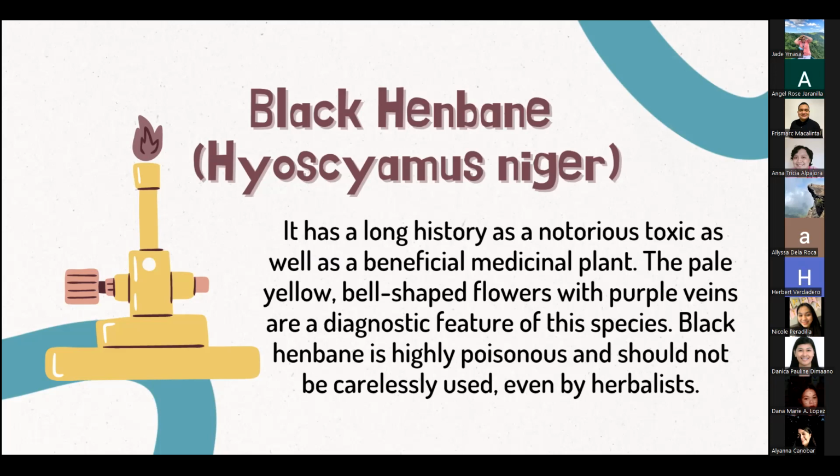So this plant has a pale yellow bell-shaped flower with purple veins, and is highly poisonous and should not be carelessly used even by herbalists. So yun nga po, although meron nga siyang beneficial medicinal effects sa tao, it should still not be carelessly used.